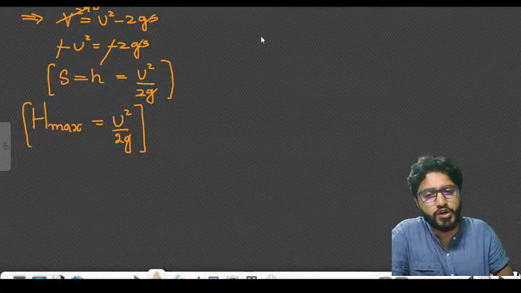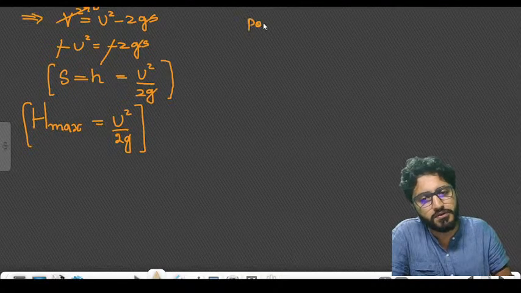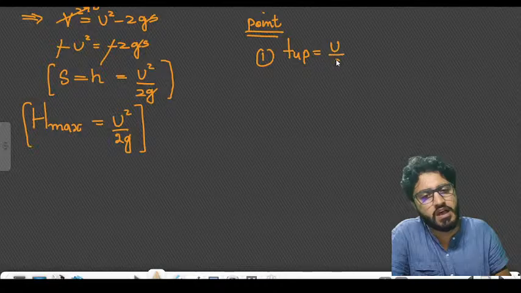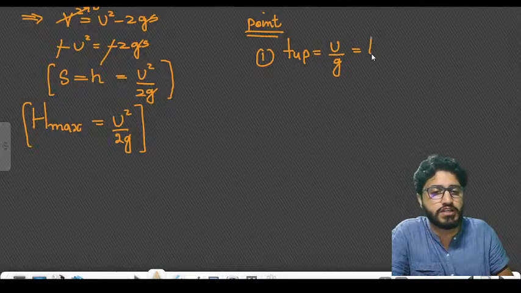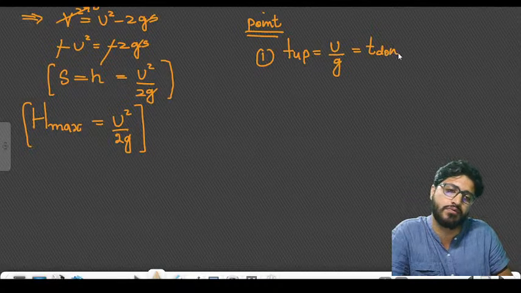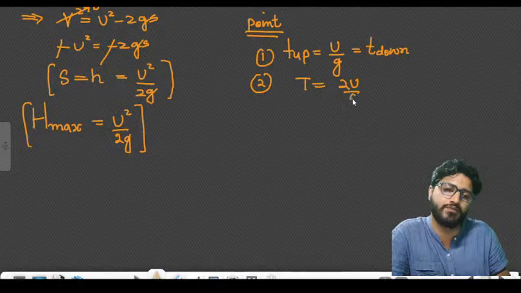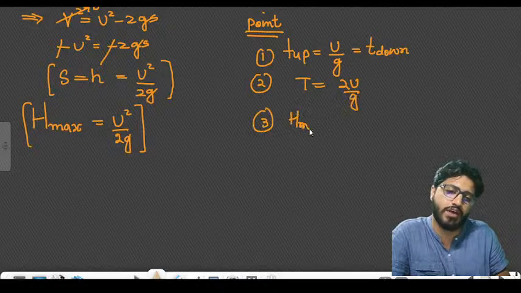So what you need to remember, points to remember. First thing, up time is u by g and it is also equal to t down. Second, total time is equal to 2u by g. Third, H max is equal to u square by 2g.